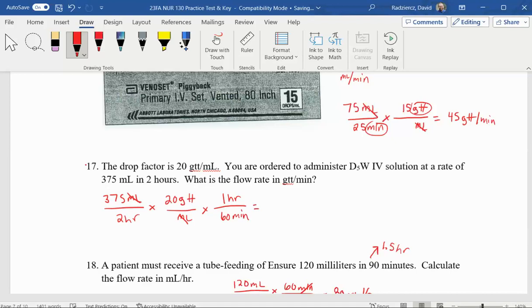So you have to divide by 60 as well. When you do all that, you should get 62.5. And because this is drops, you have to round that to the nearest whole drop. So it'd be 63 drops per minute.